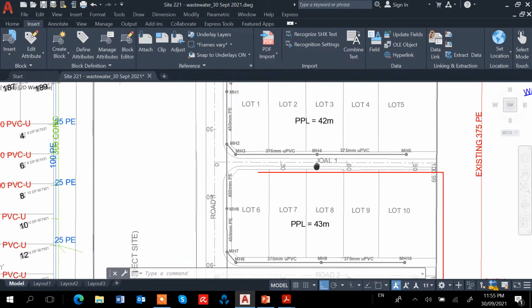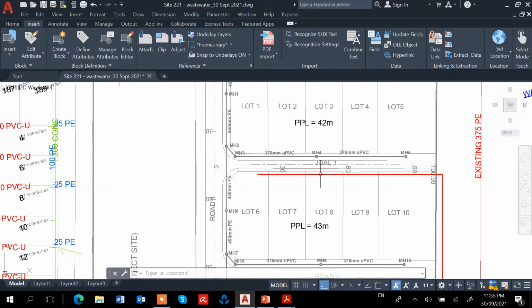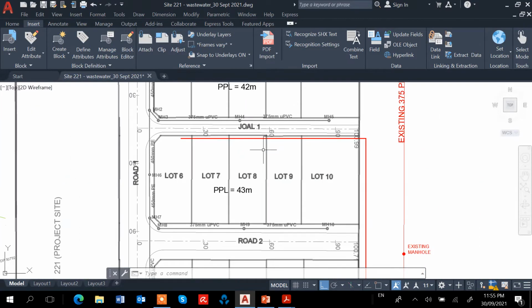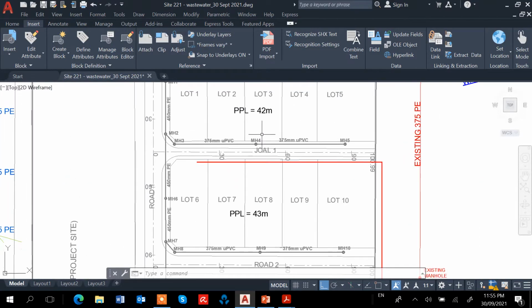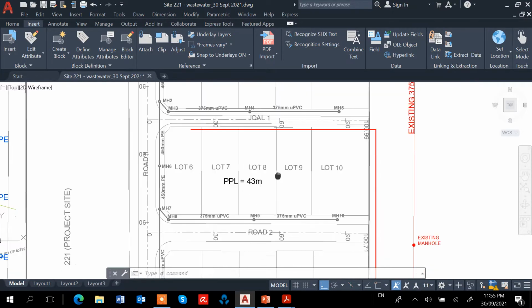So this pipe needs to be deep enough to serve the lots 1 to 5, which have a proposed platform level of 42. So I need to bear in mind that it needs to be deep enough to serve the lots opposite.